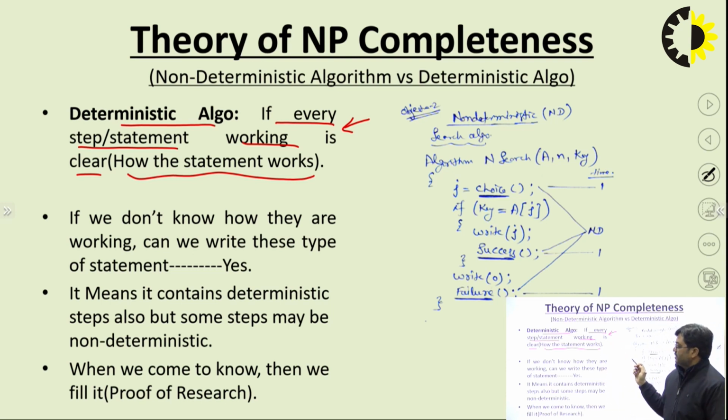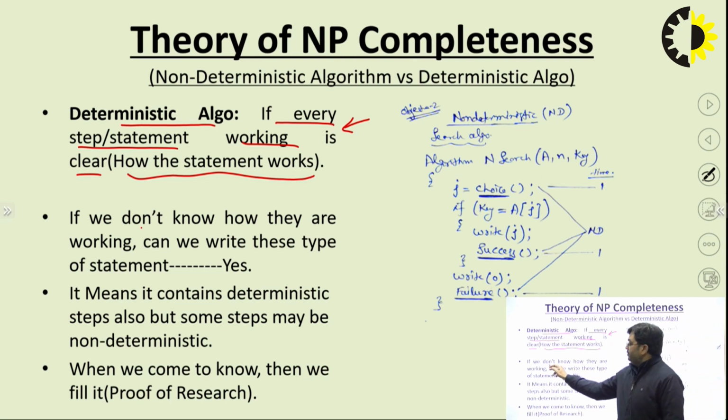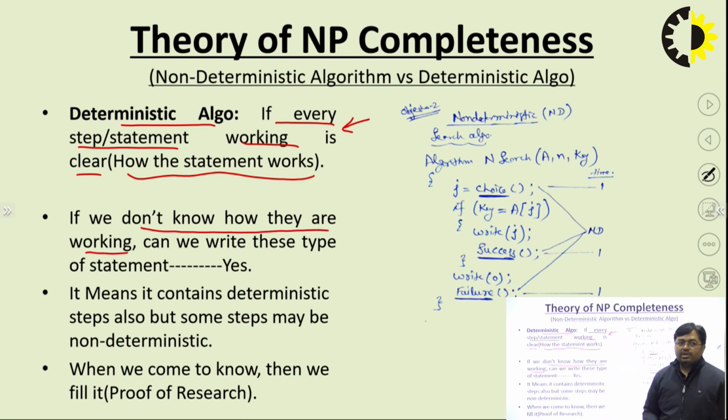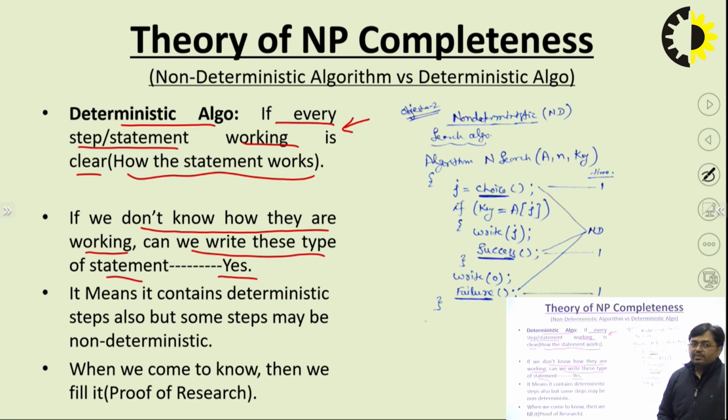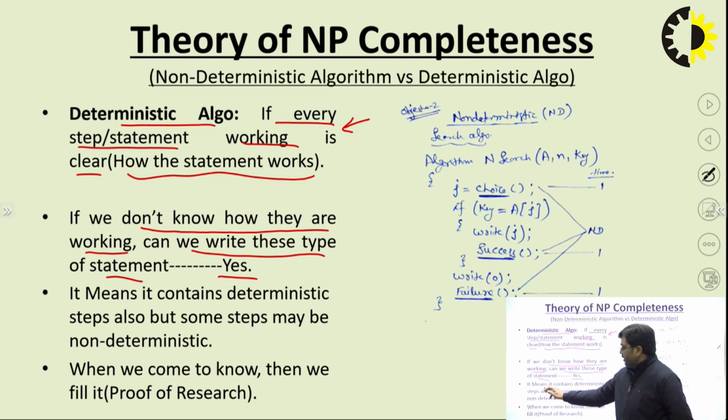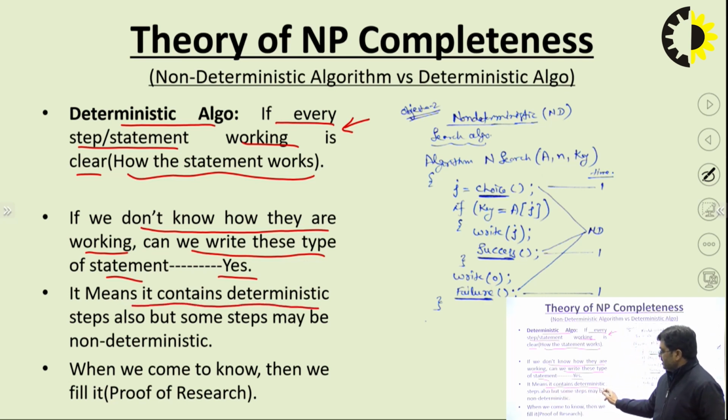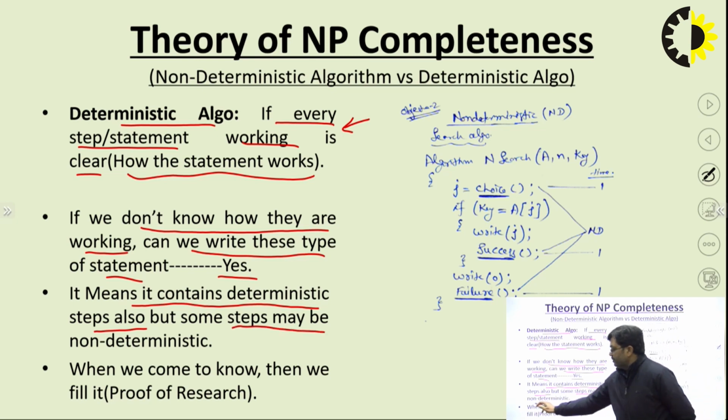And if there is a statement in an algorithm for which we don't know how it gives its result, can we write these types of statements? Yes, we can. It means the algorithm contains deterministic steps also, but some steps may be non-deterministic.